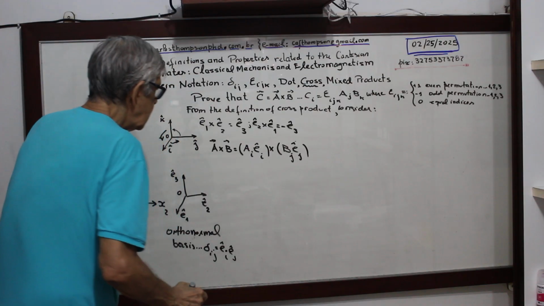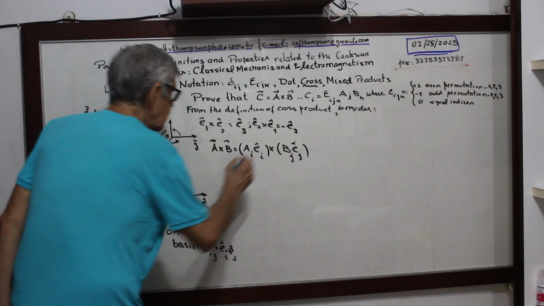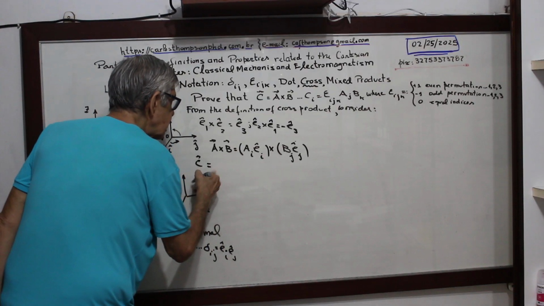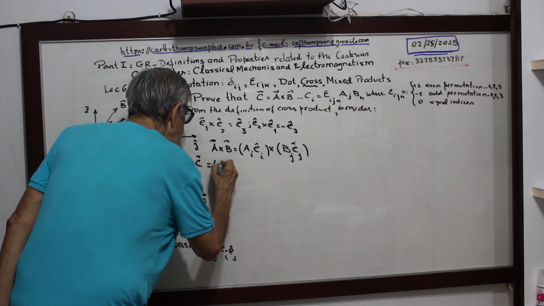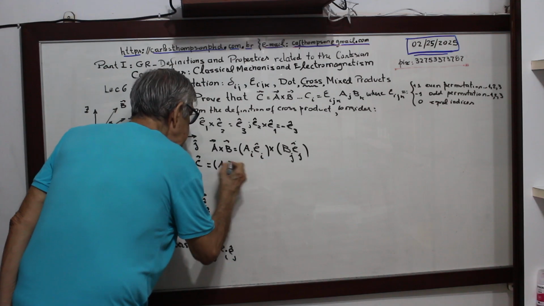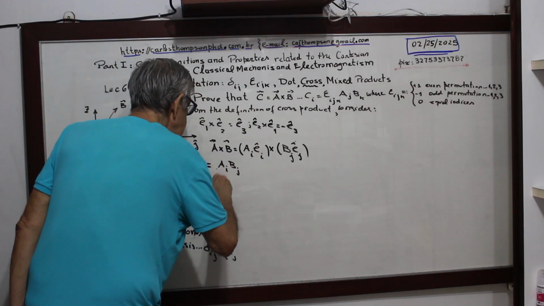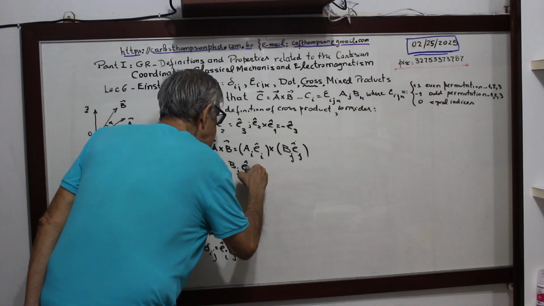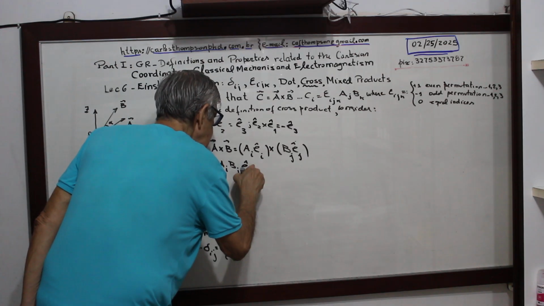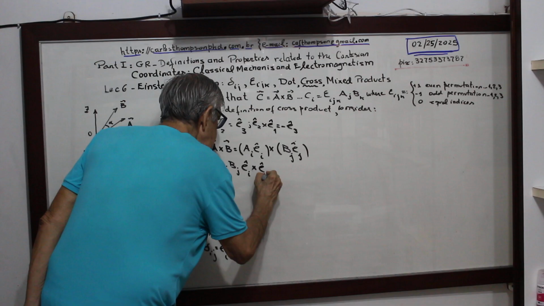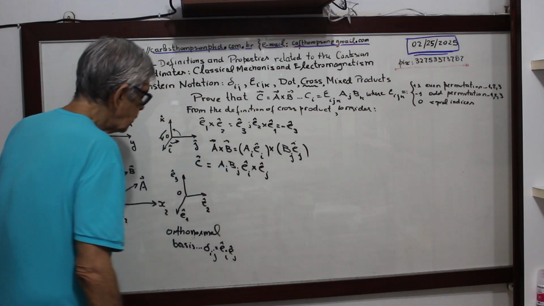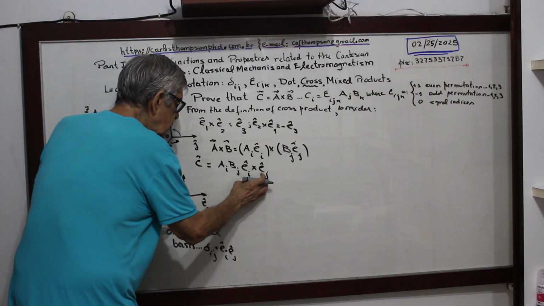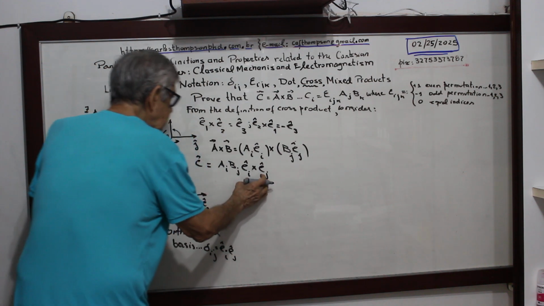Now, what is important here, this is a vector C. Don't forget, this will be a_i b_j, e_i cross e_j, and this over here is just e_k.